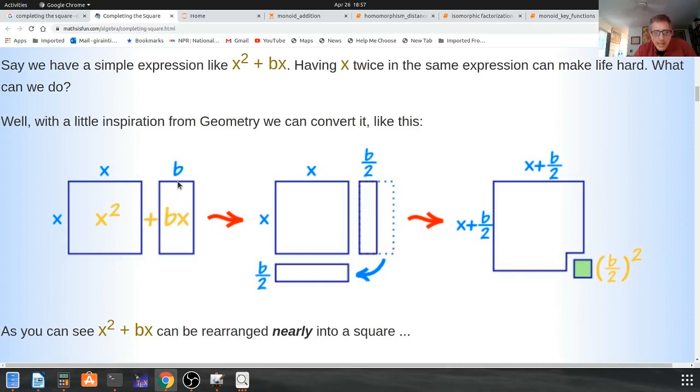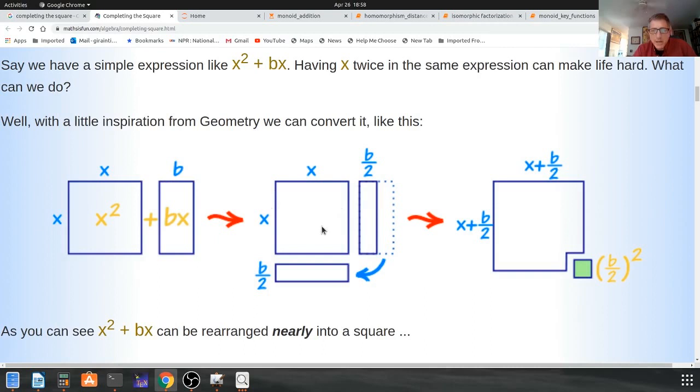Now if I take bx and split it right down the middle, right in half, so I take b halves and b halves, notice that the x length is still there. I'm just taking the b and splitting it down.